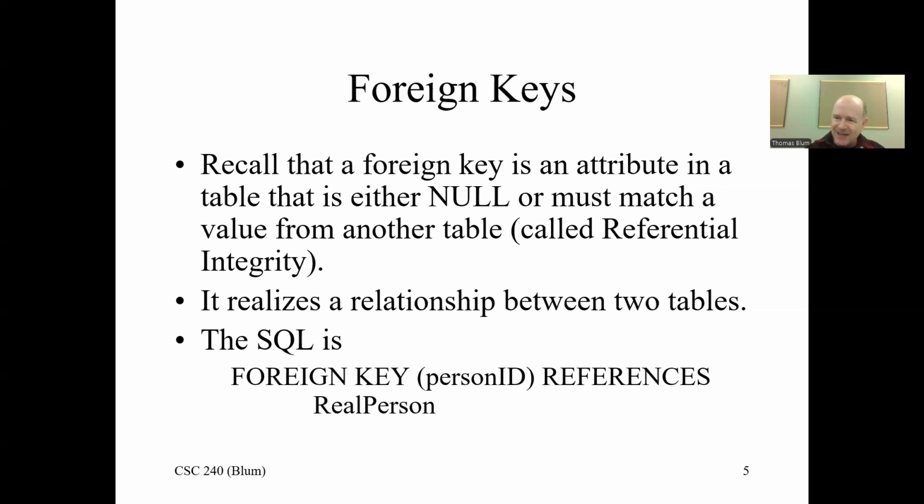So we had entity integrity for the primary key, referential integrity for the foreign key. And so again, SQL has this built into the language, and we use the keyword references. So we have an attribute that references another field in another table.